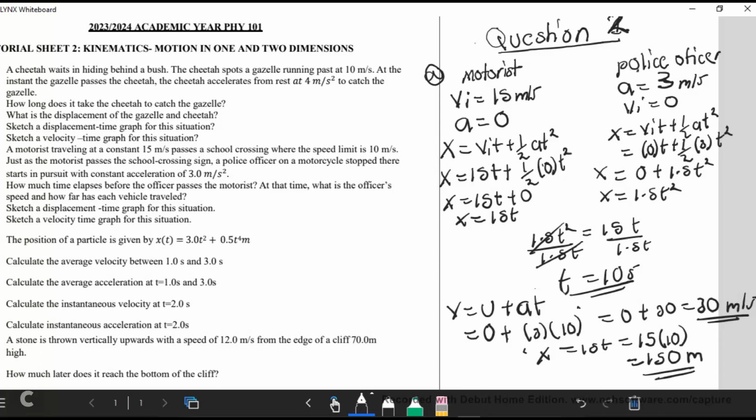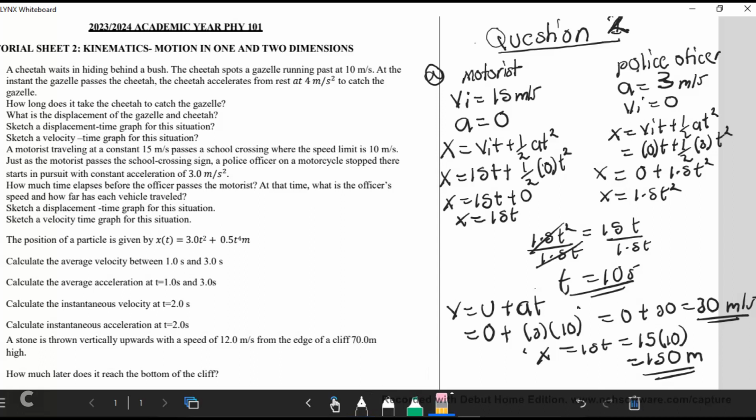That's the displacement in this situation. I'm saying how far has each vehicle traveled, 150 meters. So this is how you calculate it, right?